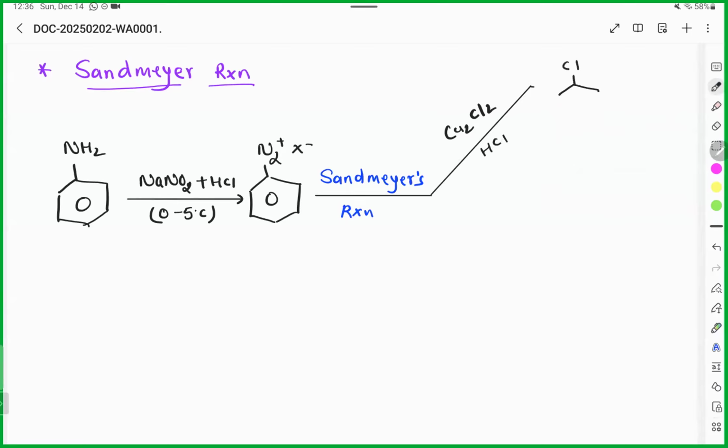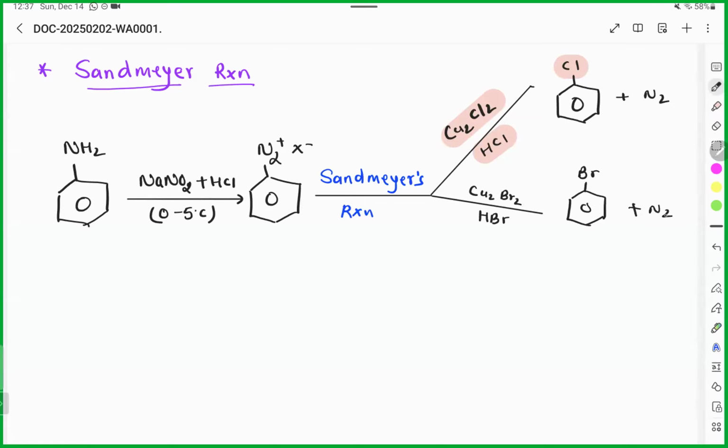Chlorobenzene. Yesterday we saw this in a question. Copper chloride and HCl. What was the product? Chlorobenzene. What will be the other product? Nitrogen. Correct. In the same way, if you take copper bromide and you add HBr, you will form bromobenzene and N2.